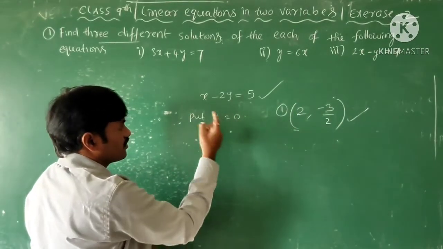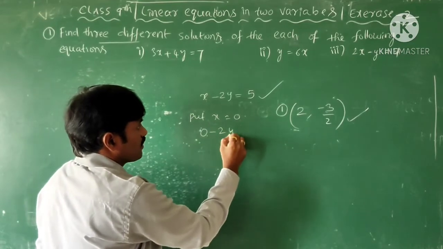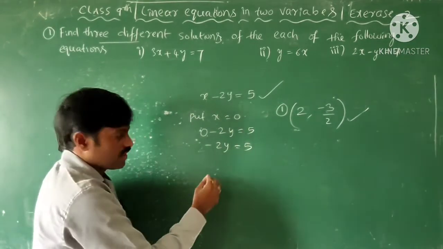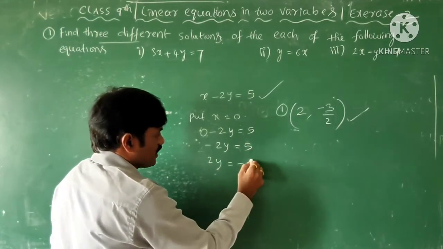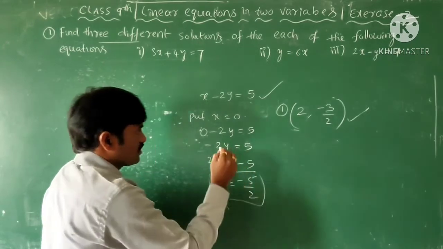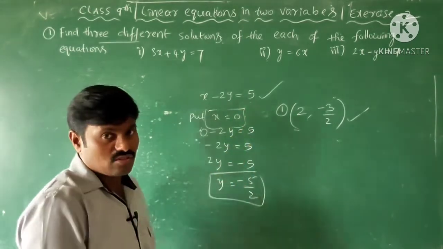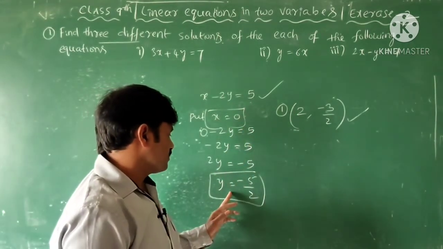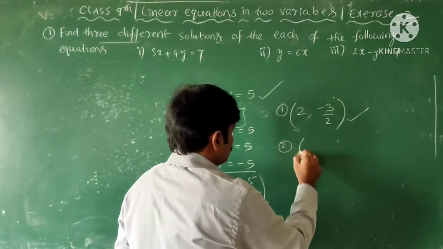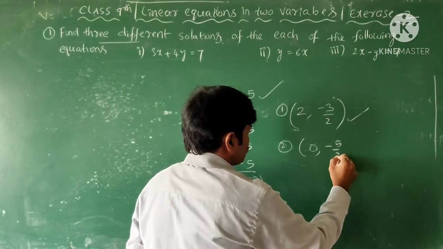Substitute x value 0: 0 minus 2y is equal to 5, minus 2y is equal to 5, then 2y is equal to minus 5, then y is equal to minus 5 by 2. So this is the y value. For x is equal to 0, the corresponding y value is minus 5 by 2. It is the second solution. So 0 comma minus 5 by 2.